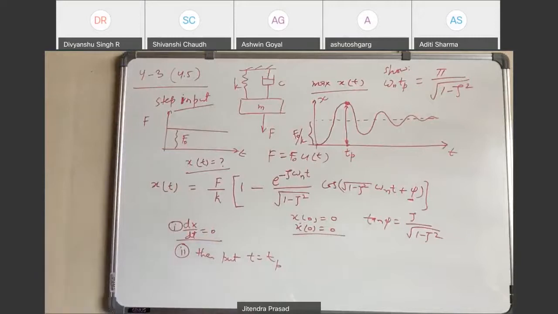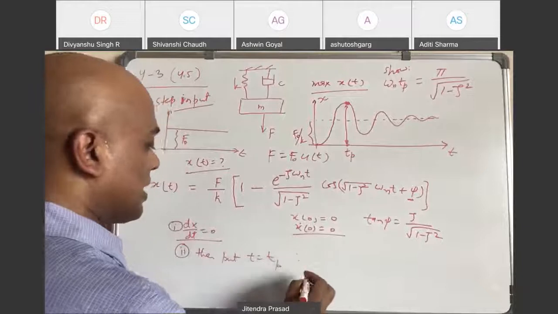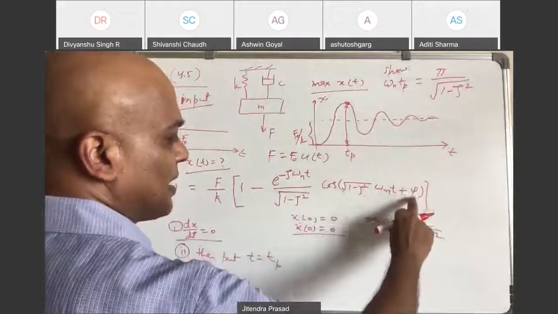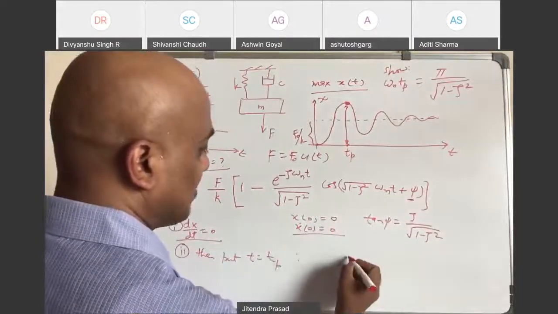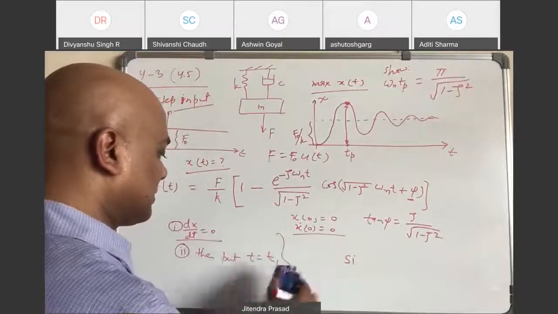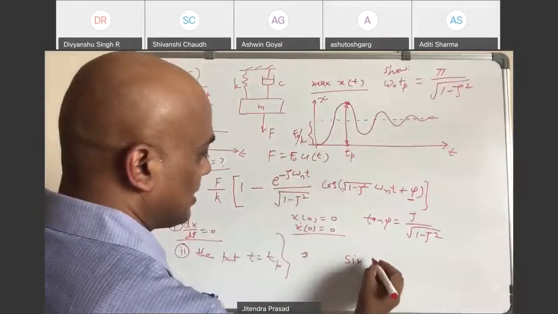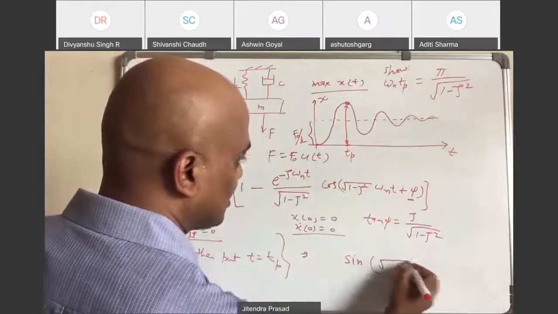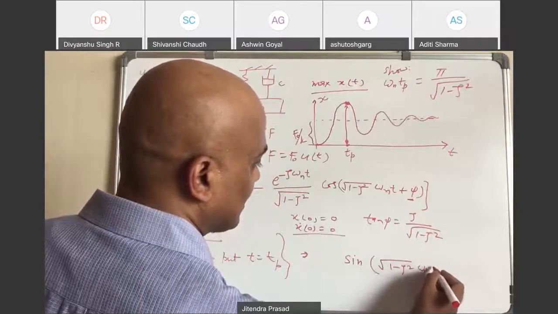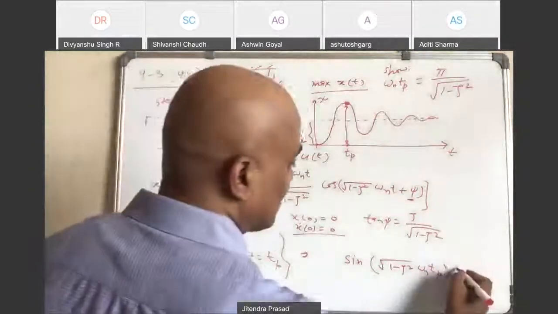So basically, if you do that, then this will automatically be taken care of. What we will find out is the value. If you do this, then you will find that sine, and you will get: root 1 minus zeta square omega n Tp has to be equal to 0.